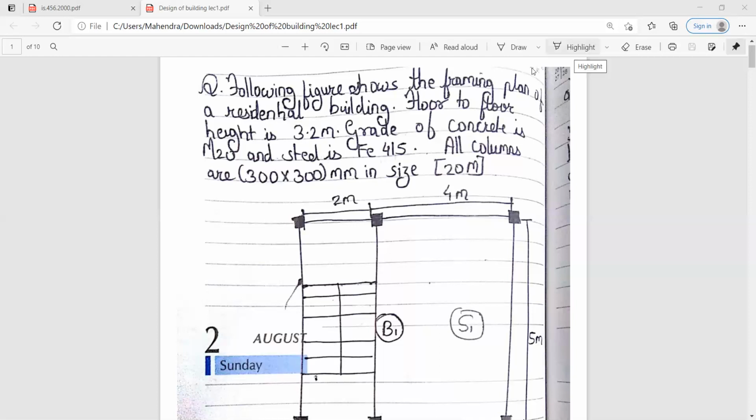Okay. What about others? Have all the others also completed the question? Should I proceed further?